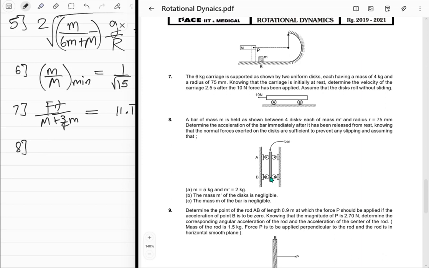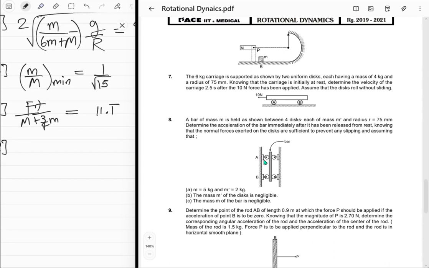Right, just write the angular acceleration of these guys. So just like previous, and these are rotating about the center, I think. Yeah, these should be rotating about the center. I'm going to assume these are about the center.